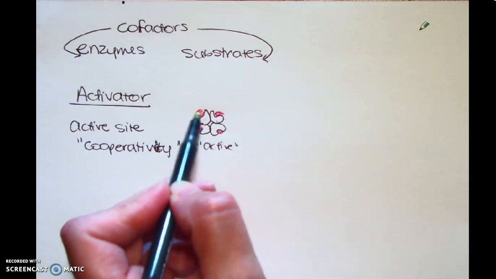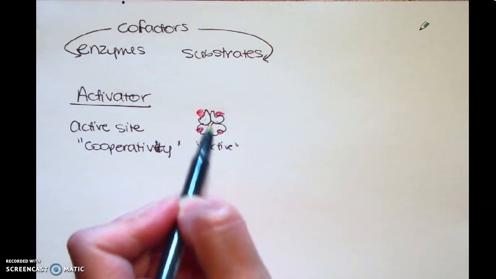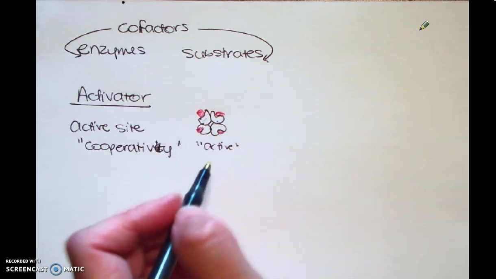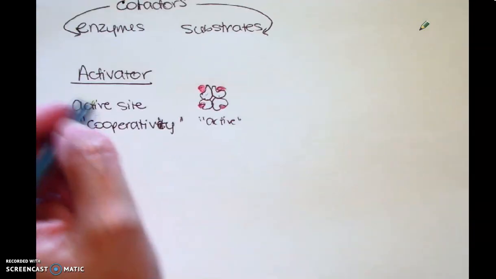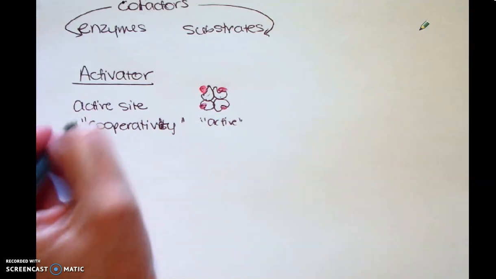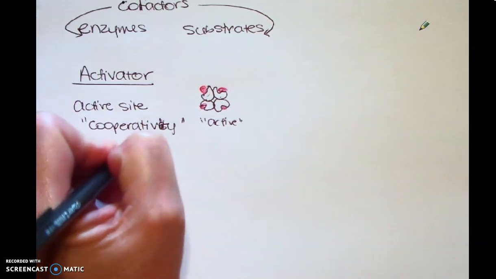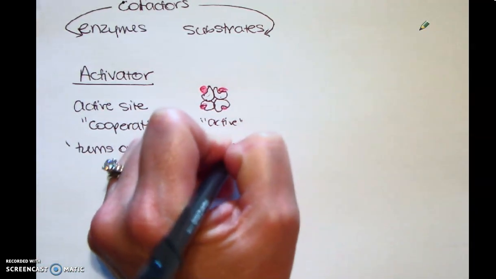But by that one binding and causing that freezing of the enzyme in the active state, it allows the others to bind more easily. So it's going to speed up the reaction. It activates, turns on the enzyme, you could say, like a light switch, and that speeds up reaction.